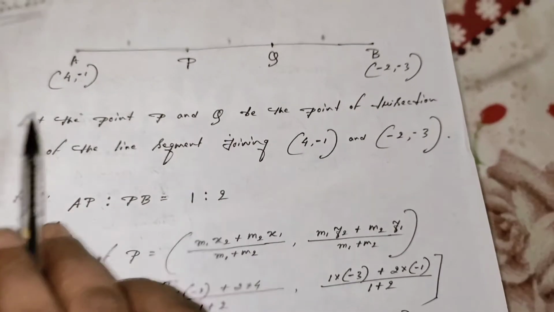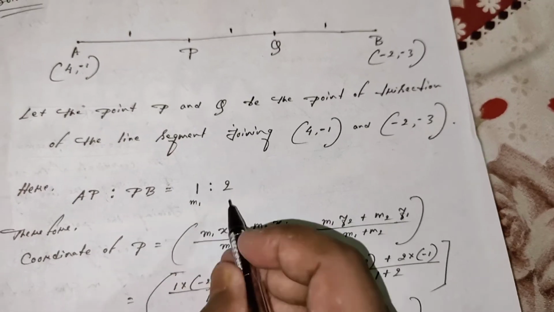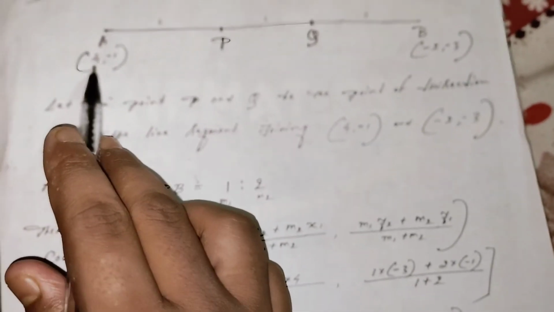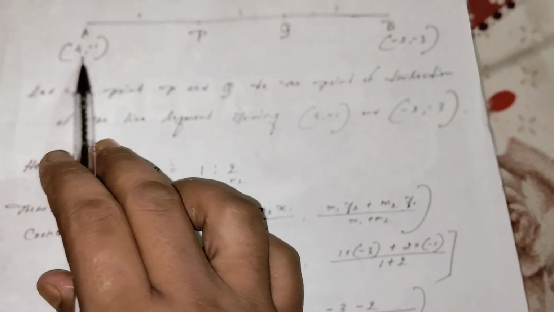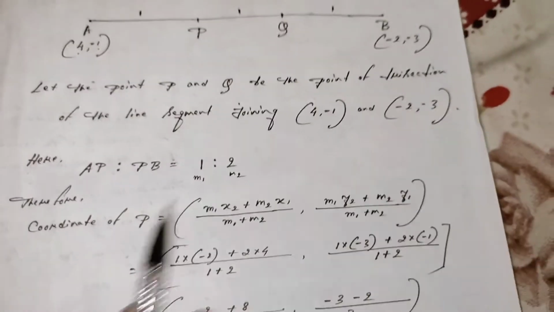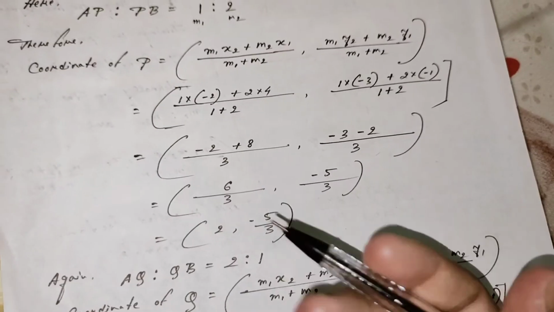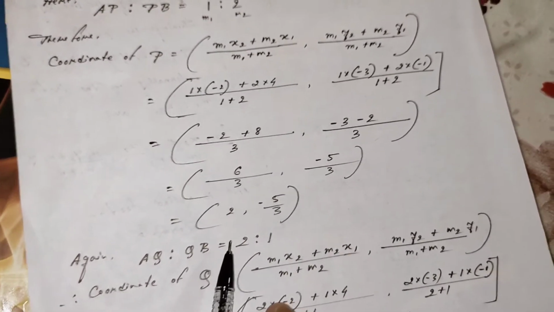Here this will be the value of m1, this will be the value of m2, and this will be x1, y1 and x2, y2. On putting the respective values and simplifying, we get (2, -5/3).